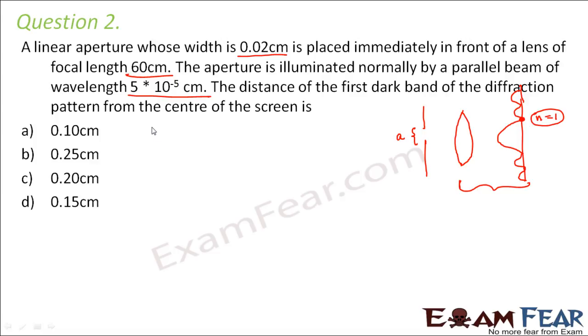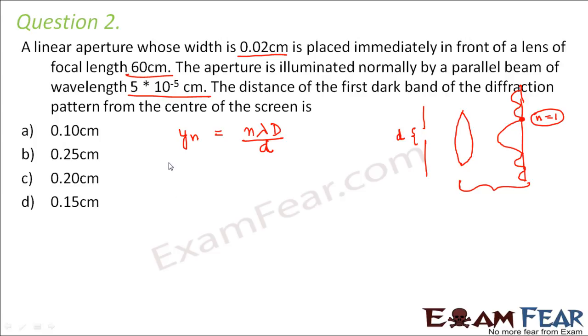Now, how do we calculate the position of secondary minima? We have the expression yn is equal to n lambda capital D divided by small d. If you call this distance D, then you can write it as D. This is how we calculate the position of the secondary minima from the center of the screen.